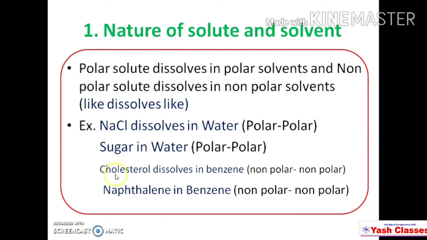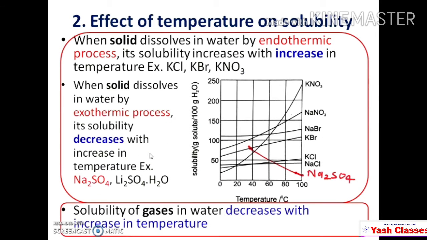When you try to dissolve cholesterol in water, it will be insoluble, because cholesterol is non-polar and water is polar. But cholesterol is soluble in benzene. Similarly, naphthalene is soluble in benzene. Both are non-polar substances, and therefore the nature of solute and solvent affects the solubility, and like dissolves like.